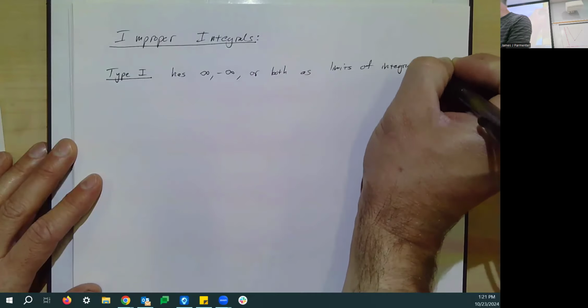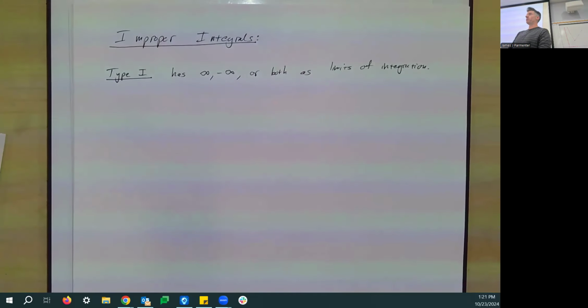That is the defining feature of a type 1 improper integral. And I'll say the words for type 2, if we need to see them: it's that the function you're integrating is undefined somewhere on the interval of integration. So that's a type 2. Are you guys seeing type 2s as well? No? Okay, great. So we'll stick to type 1, which is great.